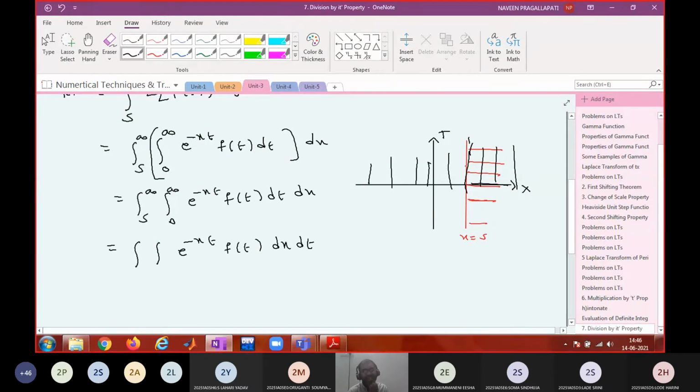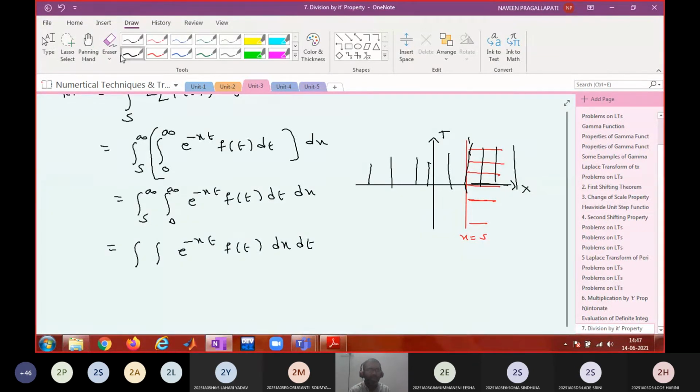Unbounded region, right? So this grid part is looking like a rectangular region. And for a rectangular region, changing the order of integration is very easy. Simply swap the two integrals. Do you agree or not?